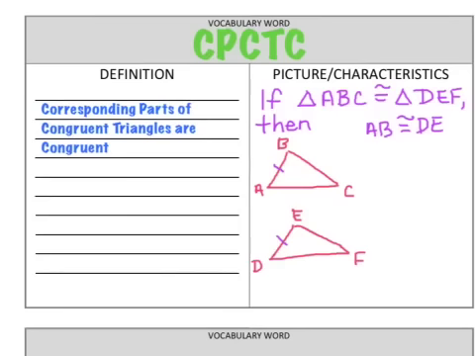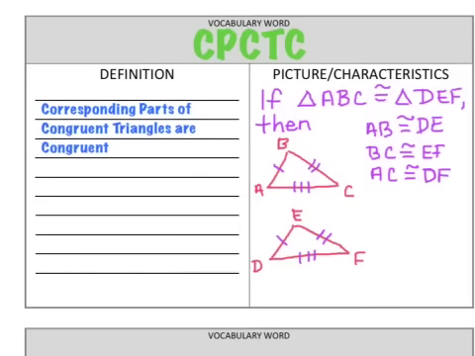And we know that BC is congruent to EF. And that means AC is congruent to DF.